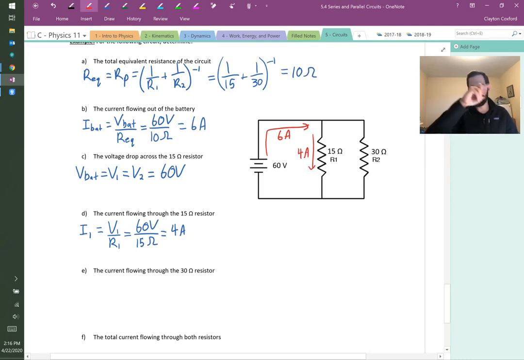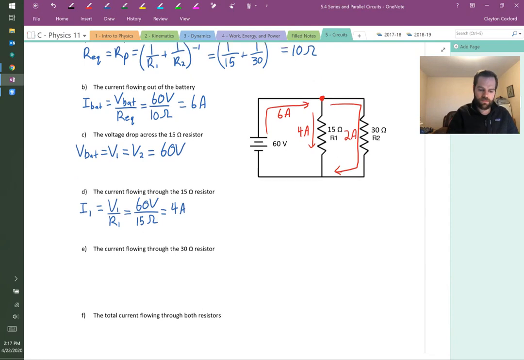Now, if we have 6 amps flowing into this junction here and 4 amps are flowing down, I think we can safely say that 2 amps must be flowing through this branch of the circuit. Well, let's confirm it using Ohm's law.